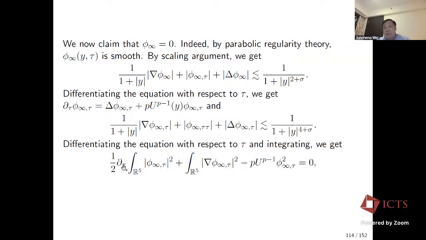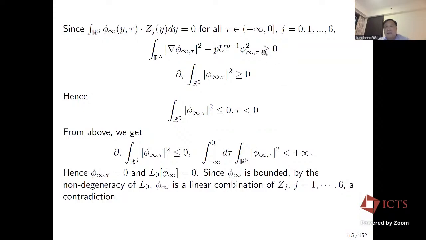Now let's remember, we're doing the ancient solution, so our tau is from minus infinity to 0, and this nonlinear term, this quadratic term, is non-negative because it's orthogonal to all kernels, including the first eigenfunction. So this is bounded from below. This is greater than 0. So as a result, we get this greater than 0.